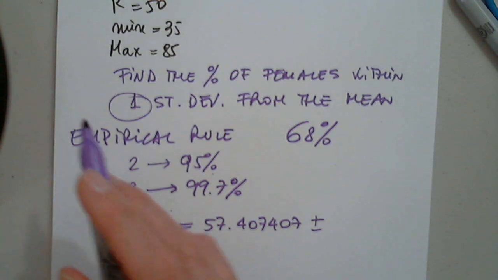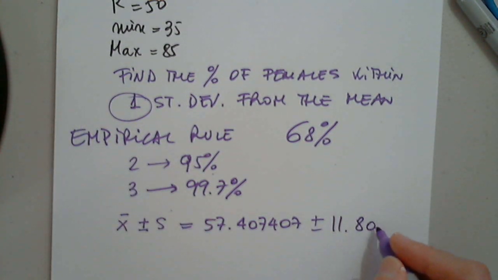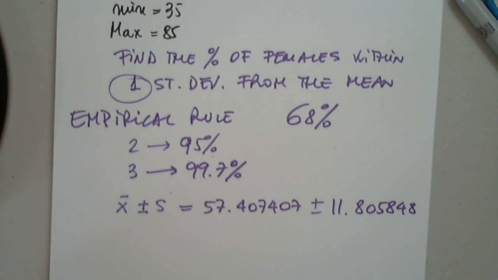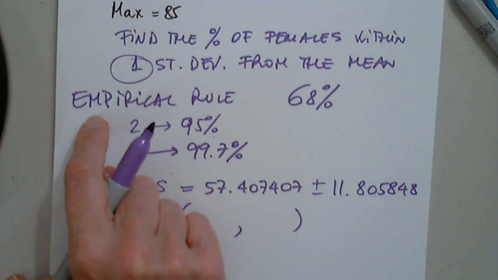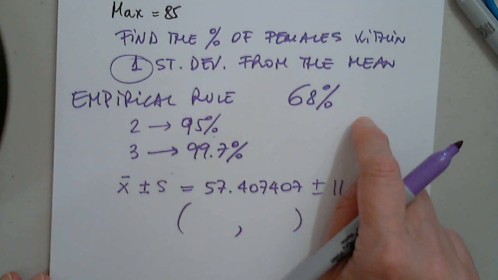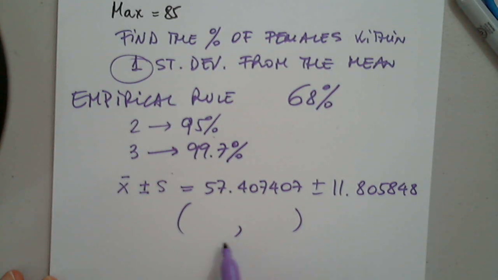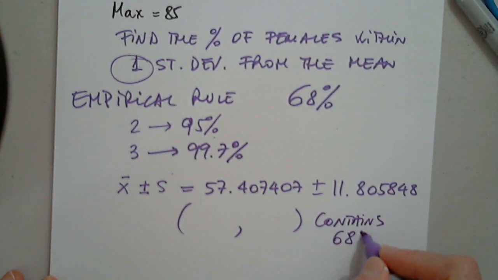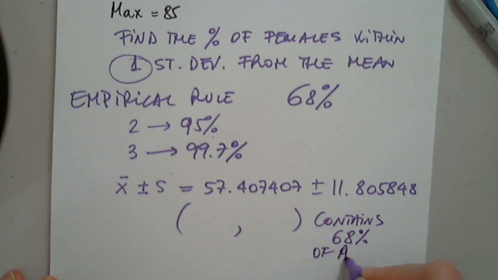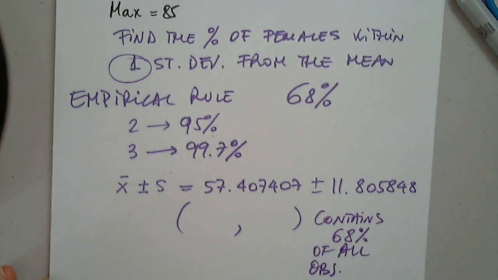Plus or minus the standard deviation, 11.805848. I will determine this with a graphing calculator or any calculator, and I will get the interval. Based on the empirical rule, and because our assumption was that it was close to bell shape, this interval contains 68% of all observations in the data set.